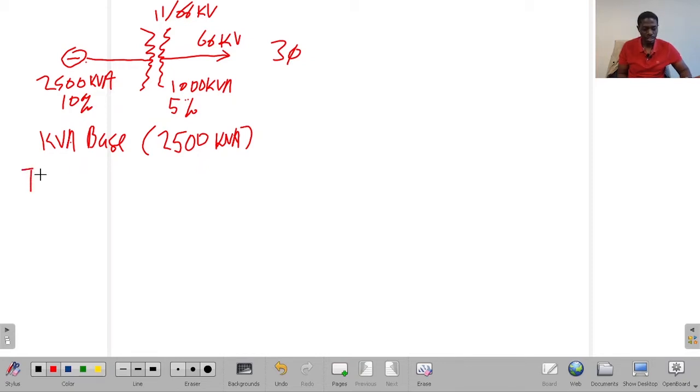So the transformer's percentage reactance at base KVA is going to be equal to 2500 over the transformer rating multiplied by the percentage, which is 5%.